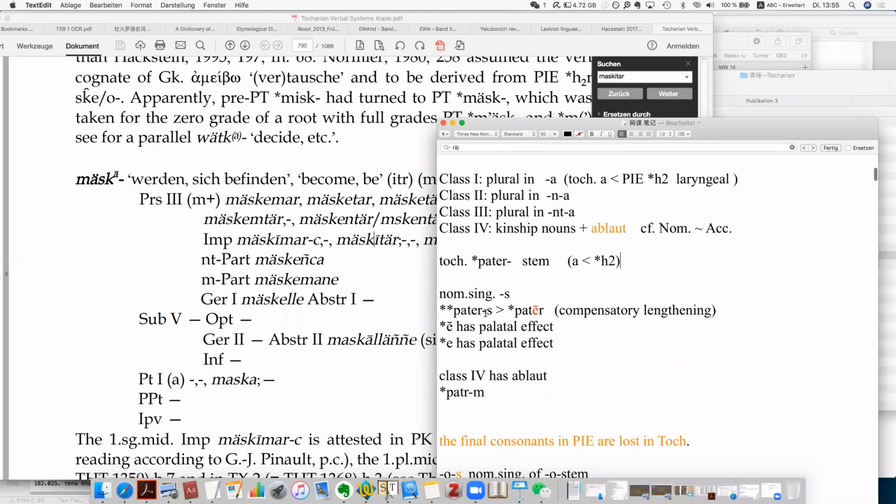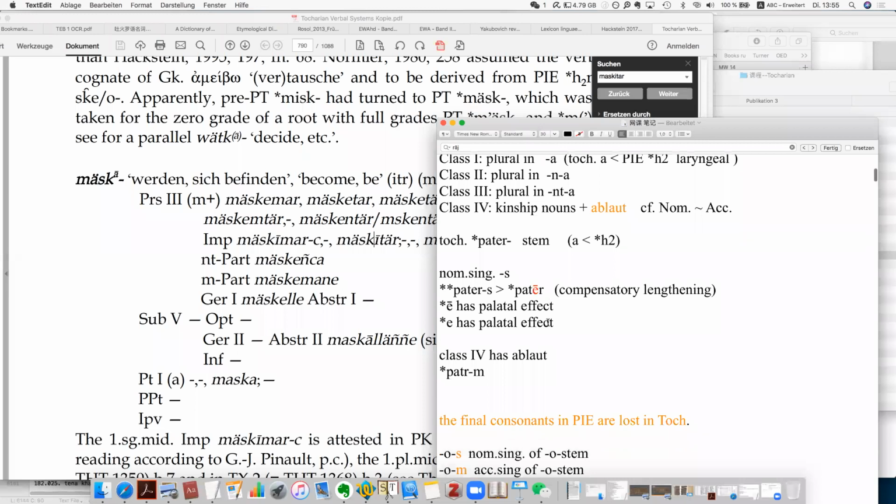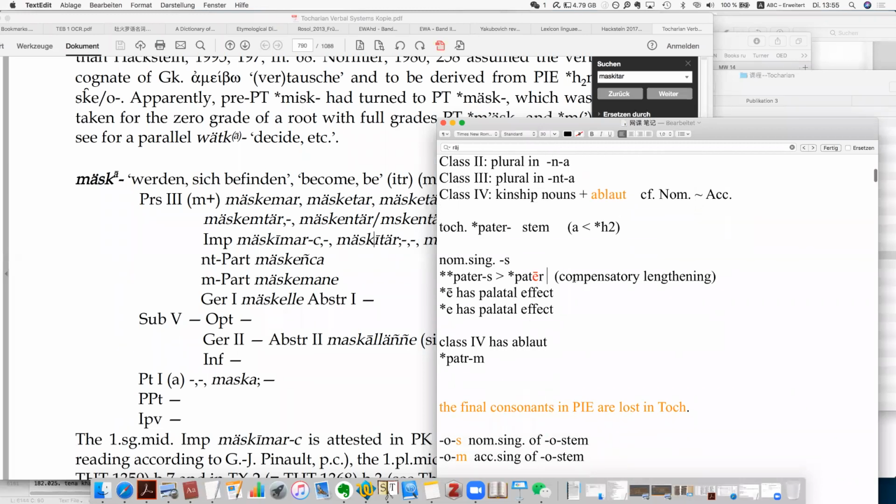And then we explained why, because this turns into departure. So we have A grade, or to be specific, this long A grade. This long A has palatal effect, so does the normal A grade. So this is pache.